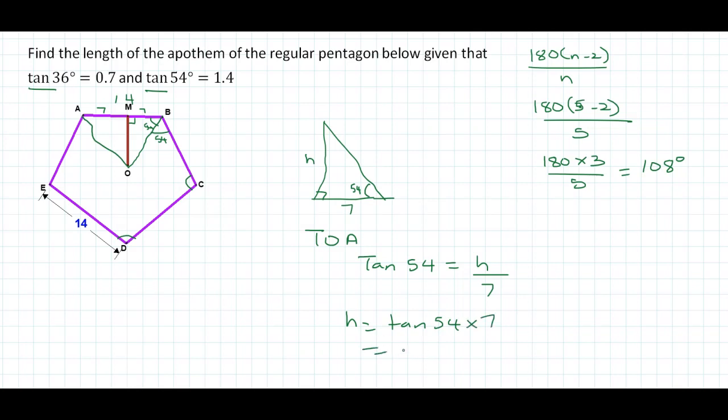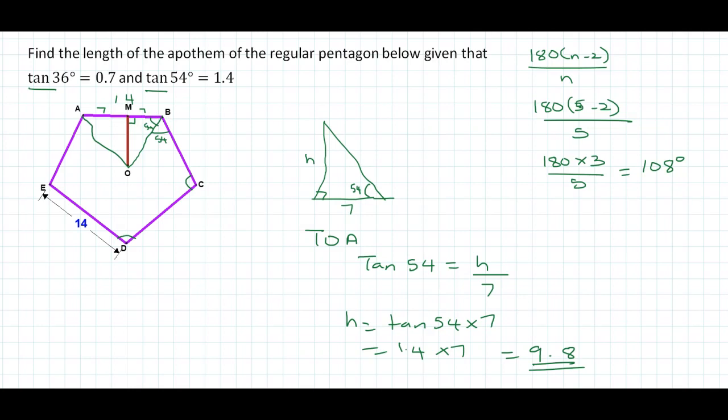Tan 54 is 1.4. We're going to multiply that by 7, which is 9.8. So that is going to be the length of our apothem. So you can see here something to also look for as we proceed with further questions. The height is going to be the tan of 54 degrees multiplied by half of the length of the side of the pentagon.